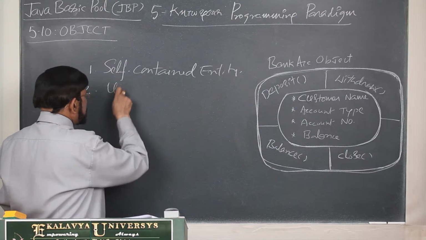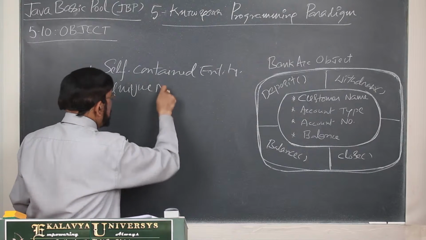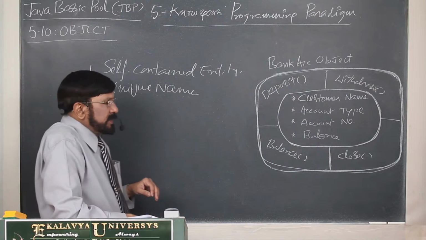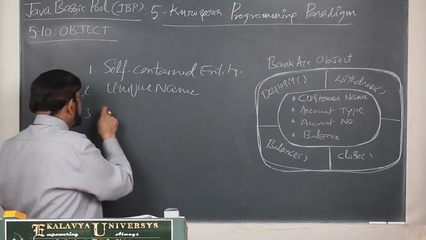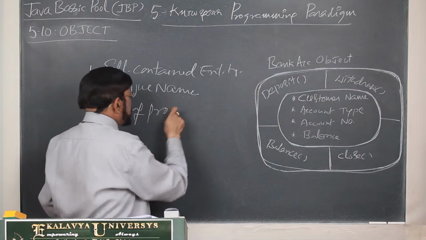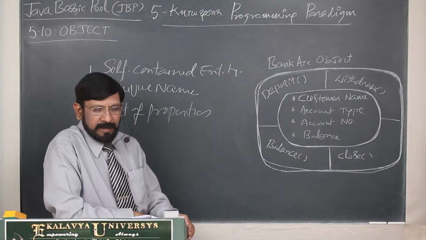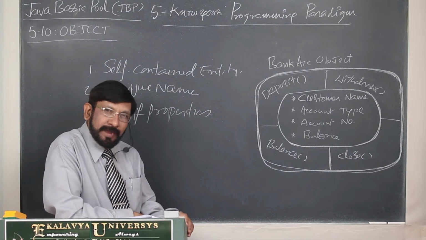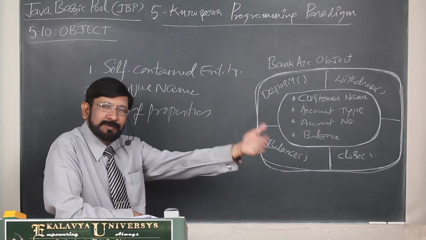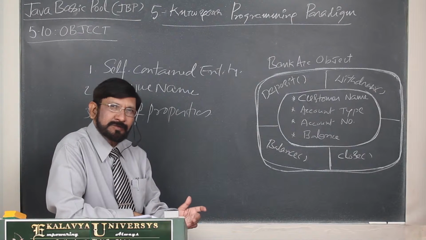every object has a unique name, and it contains a set of properties. These are known as attributes, state, properties. Actually, in programming, we call them data members or variables.